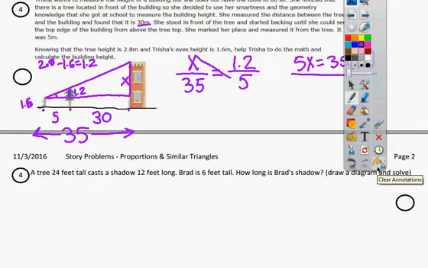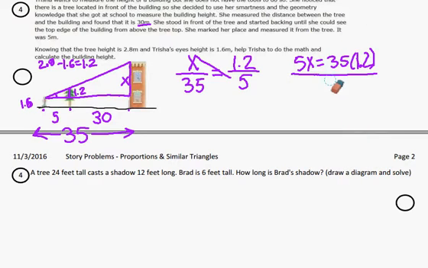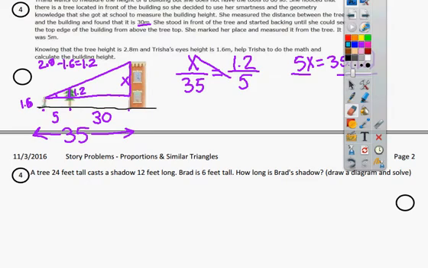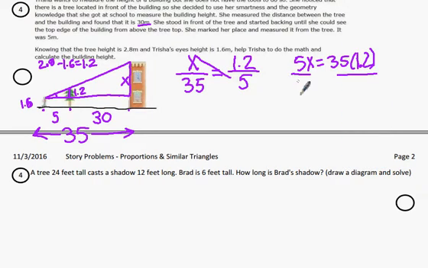And now since I've cross multiplied, I have to divide. I shouldn't draw my line all the way across though. I'm going to divide both sides by 5 so that I get x by itself. 35 divided by 5 is 7. 7 times 1.2. 7 times 1 is 7. 7 times 0.2 is 1.4.